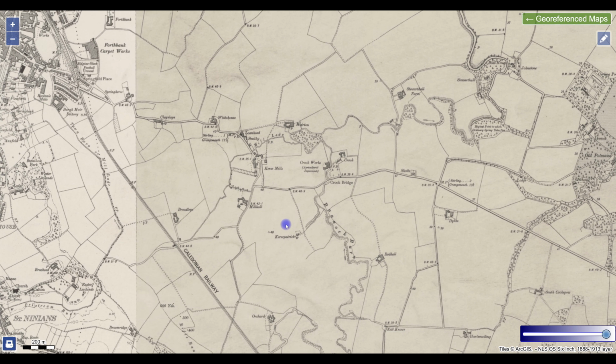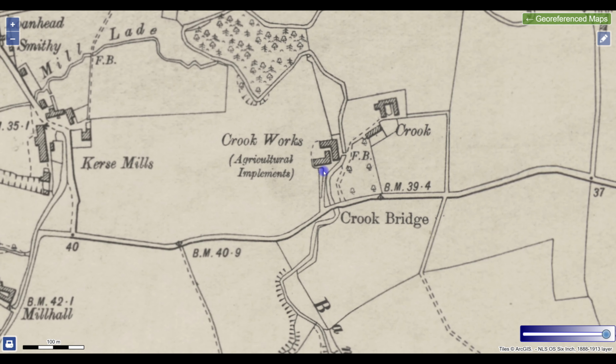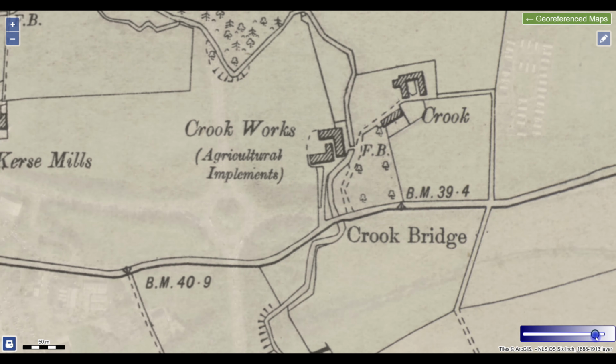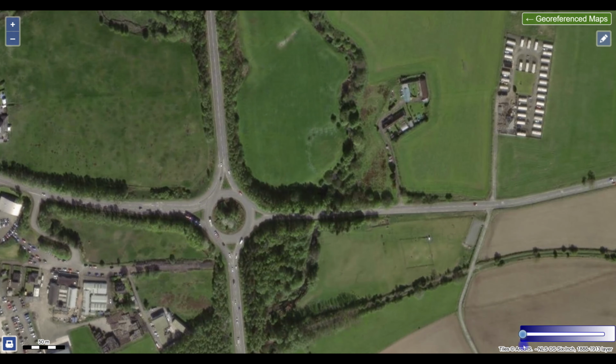Just to give you an idea of how helpful these maps can be, if you look at the Crook Works here, obviously there were buildings here back in the 1800s. I don't know how long before that, but they're not there today. However, they have left the ghostly imprints of a footprint of the buildings that were there.